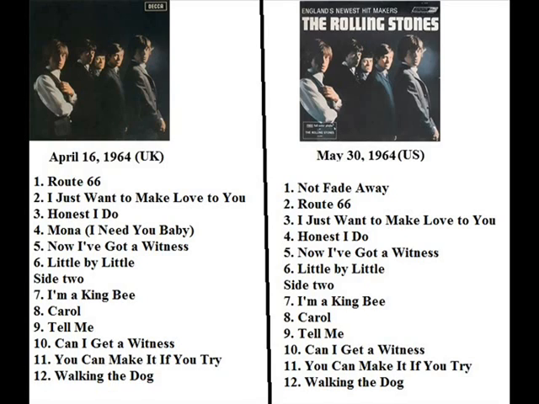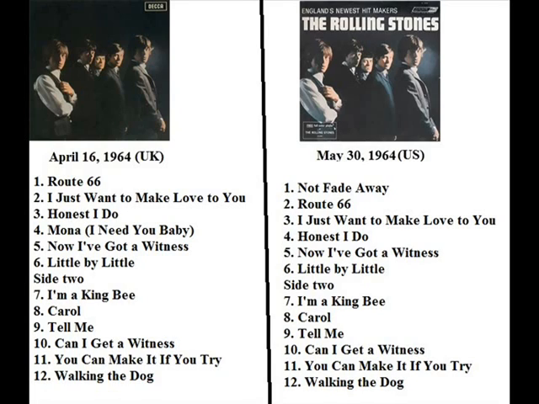But for the track listings, it's not really different. The only difference I could figure out is that the song Mona is not on the US version. Instead of just leaving it like that, they put their single Not Fade Away on the first album as the opener. You can see it slightly shifts the track listing.